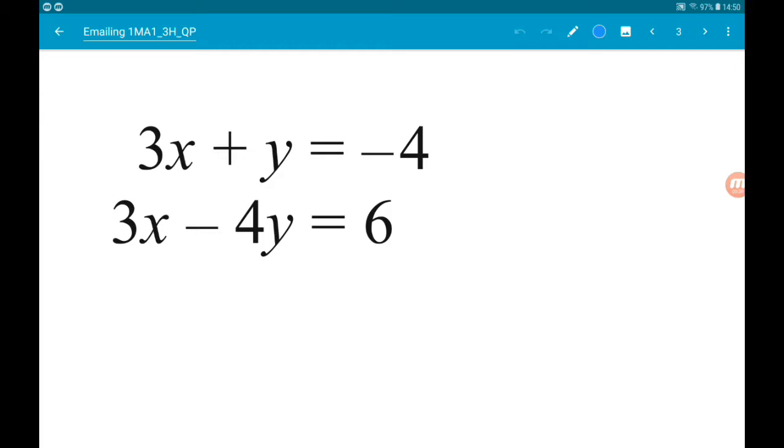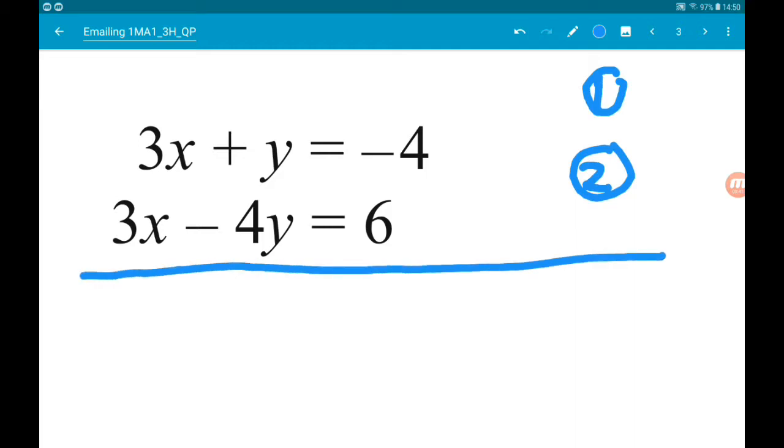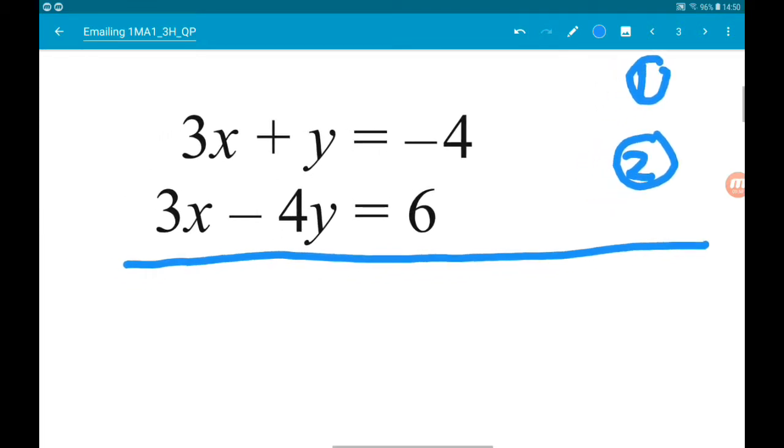The very first thing we're going to do is call the equations 1 and 2. To get rid of the x terms, we can do equation 1 minus equation 2 or 2 minus 1, either way. I'm going to do 2 minus 1.